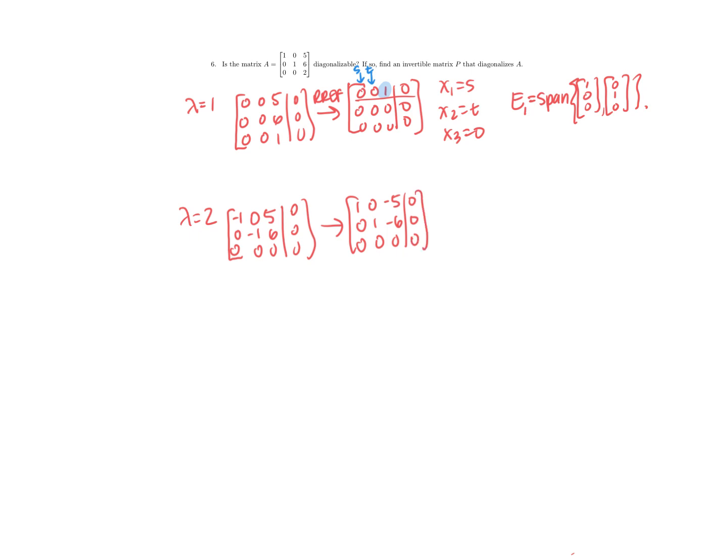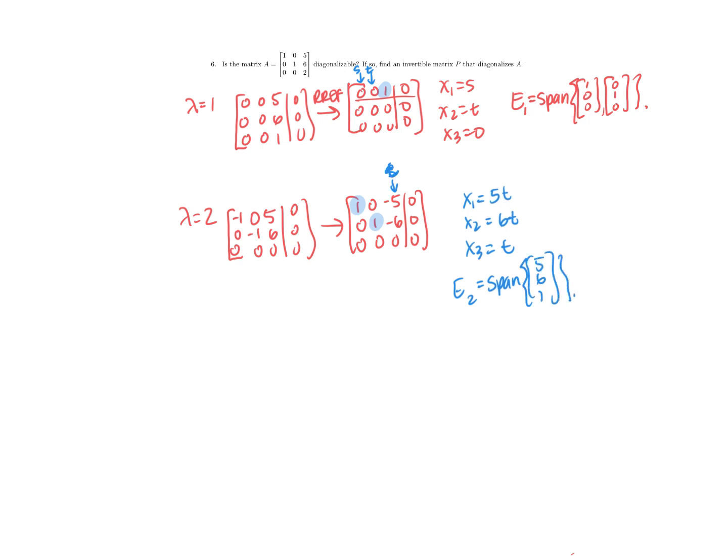And so I can see that my leading ones are here and here, which means that this is my free variable. I'll use t. And so I get x1 is equal to 5t, x2 is equal to 6t, and x3 is equal to t. And so the eigenspace associated with 2 is going to be the span of the vector 5, 6, 1.